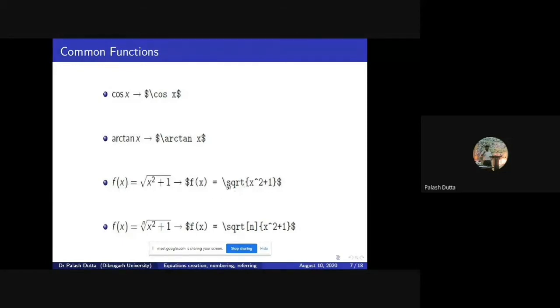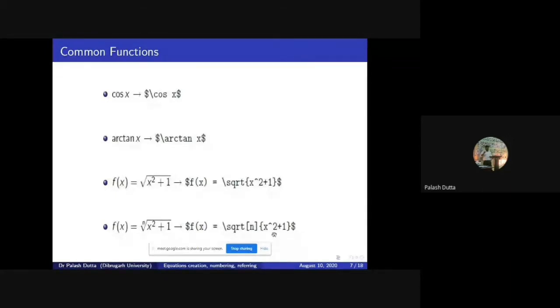Here, f of x equals \sqrt{x^2+1}, where x cap 2 means x square plus 1, so it will give the square root of x square plus 1. Similarly, for this expression we write \sqrt[n]{...}, which gives the nth root of x square plus 1. So the next part is simply x cap 2 plus 1.